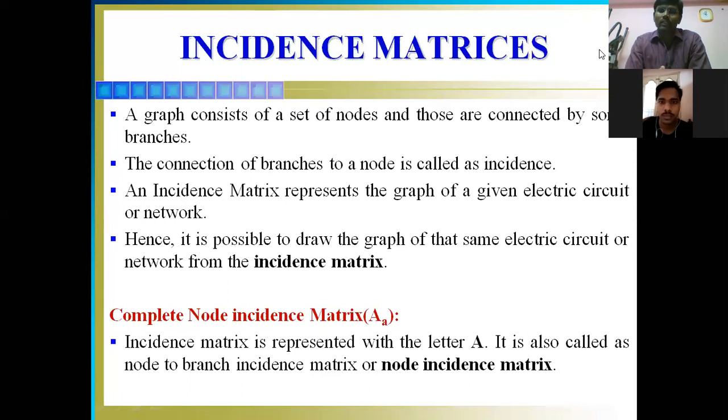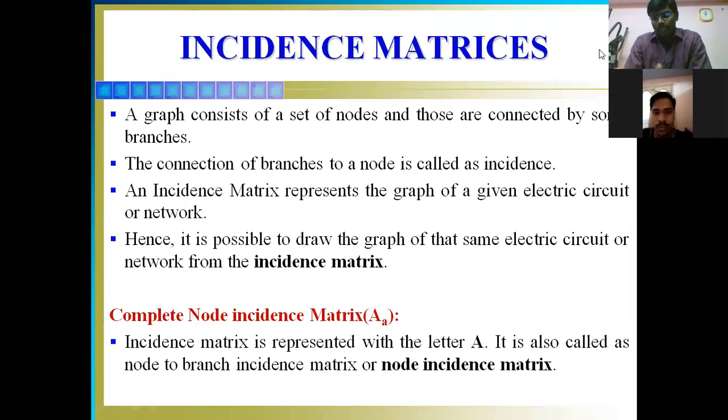In that, we discussed tree, co-tree, and how to draw a graph and subgraph for a given network. They are very important to analyze the network matrices which we are going to determine in today's class.